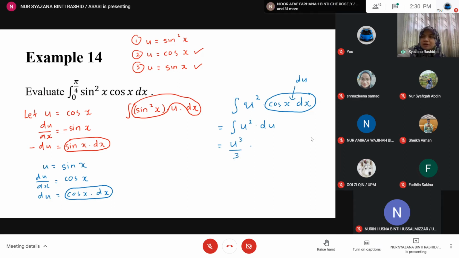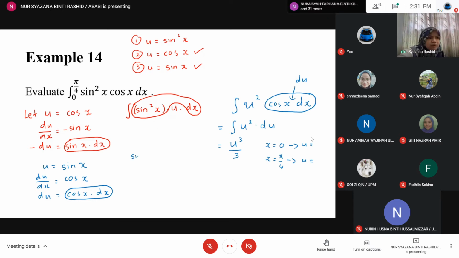Here we don't need plus c because this is definite. I will use method 1, changing the value of x. We have x equals 0, we have x equals pi over 4. So now, what can I do? I substitute 0 and pi over 4 into sine.